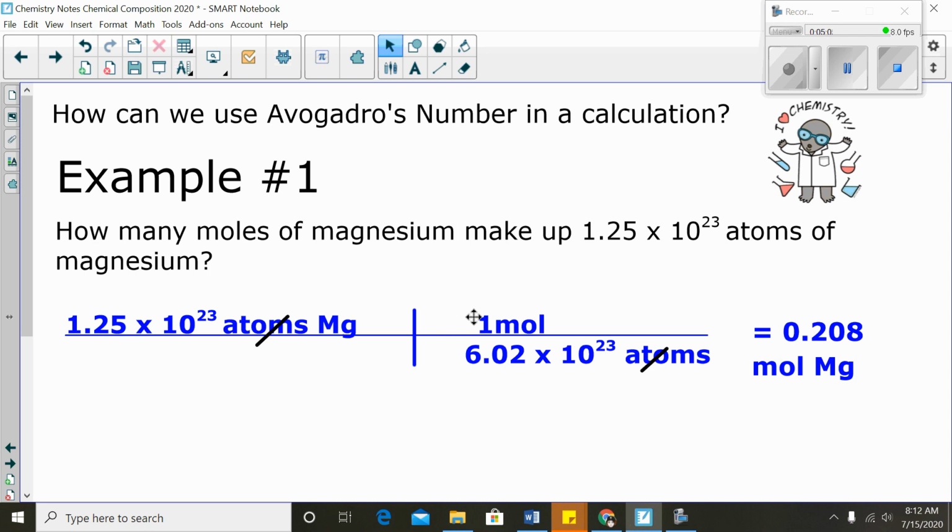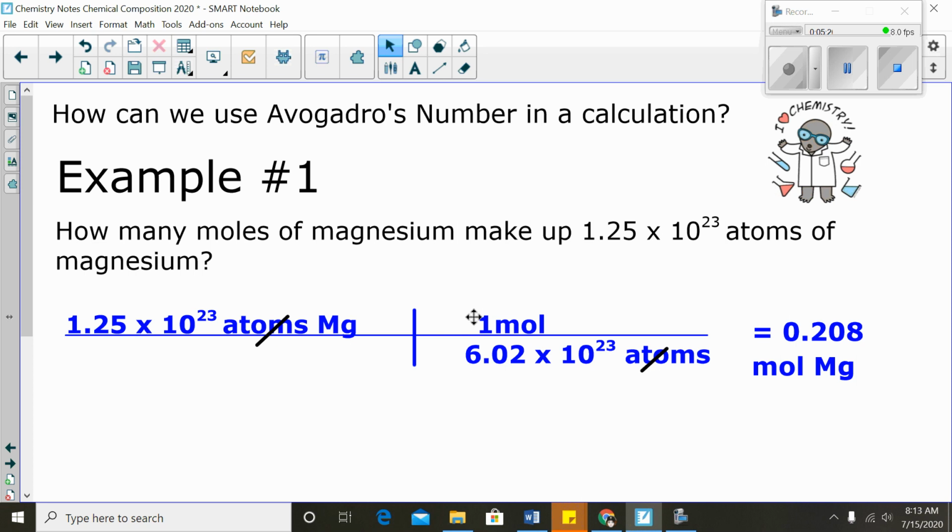So parentheses is not mandatory. It's just a suggestion on my part if you want to make sure that your problems will be set up as you want them in the calculator. But in any case, go ahead and type this in. So it's 1.25, the EE key to the 23rd. You can times it by 1 if you'd like to, but that's not necessary because it'll still be itself.